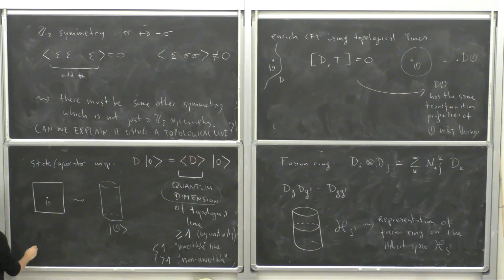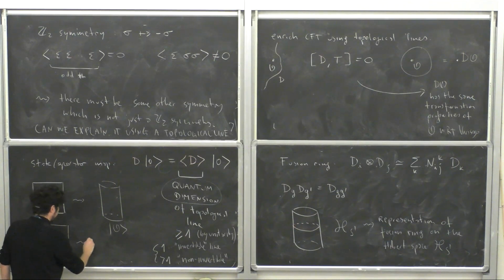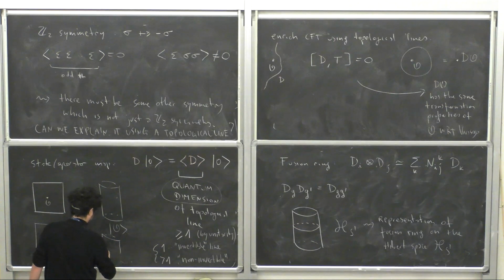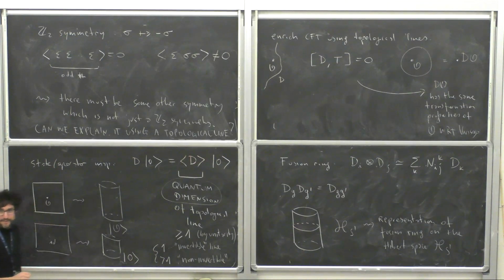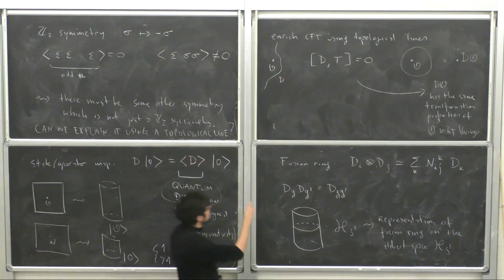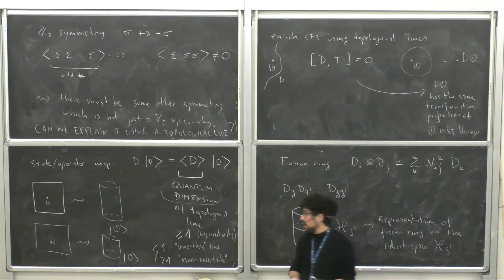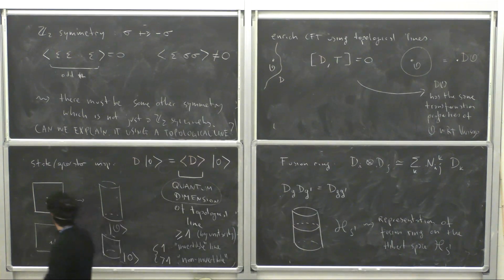In particular, you can insert nothing, which is the identity, and the identity will give rise to the vacuum here. Now, this topological line is topological, and so you can consider if it shrinks and doesn't wrap anything, it gives rise to the identity transformation. It can shrink to nothing.